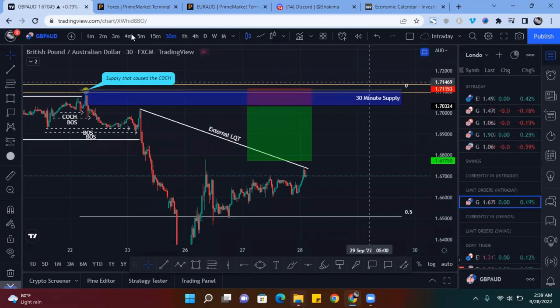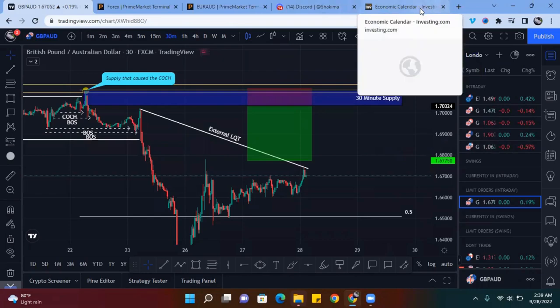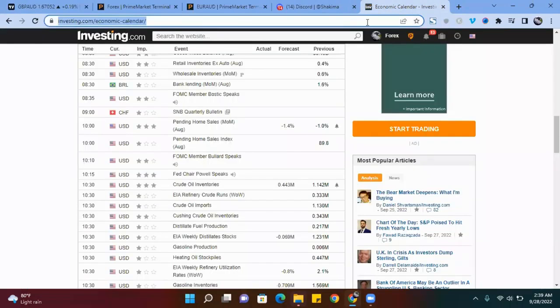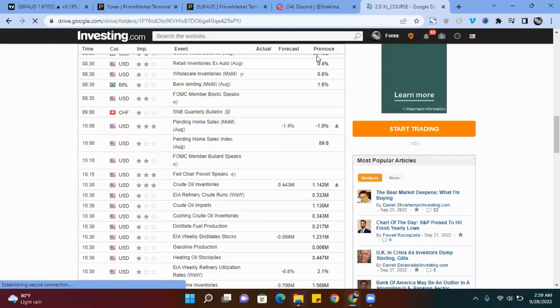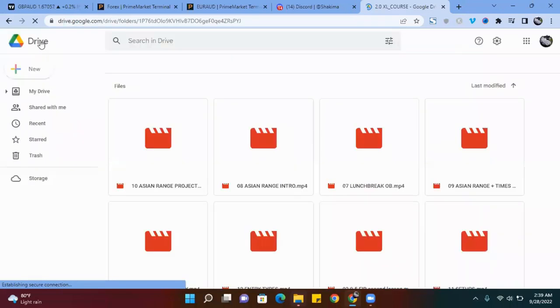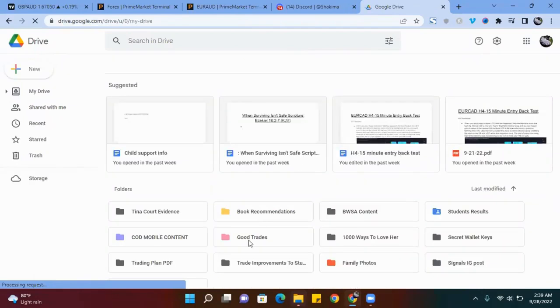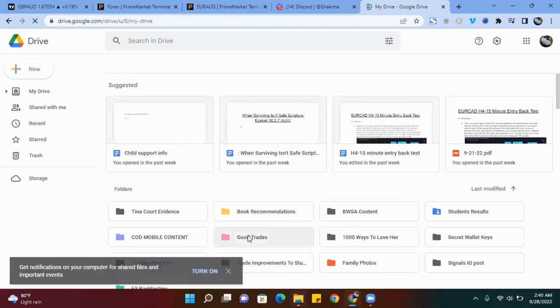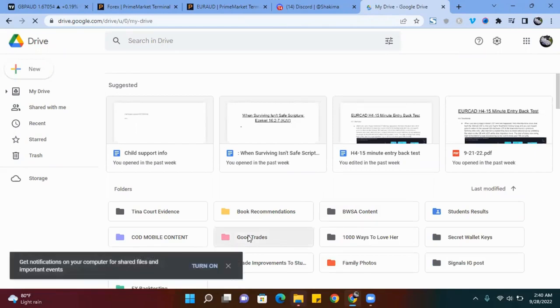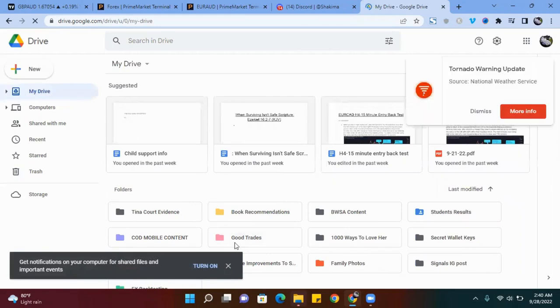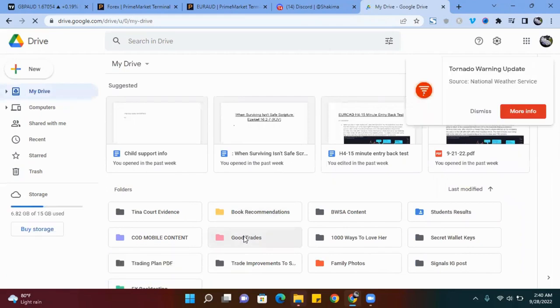So, I wonder if I have, real quick, any good trades that I've documented to show you. I think it might be here. It is. Real quick, because I think I'm going to go to sleep in a second.